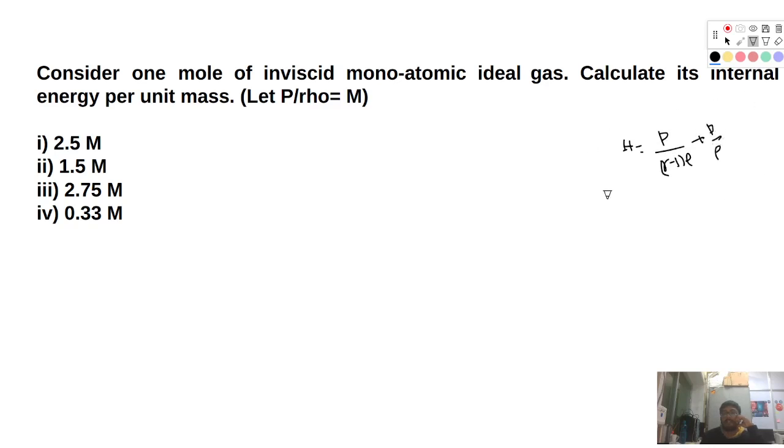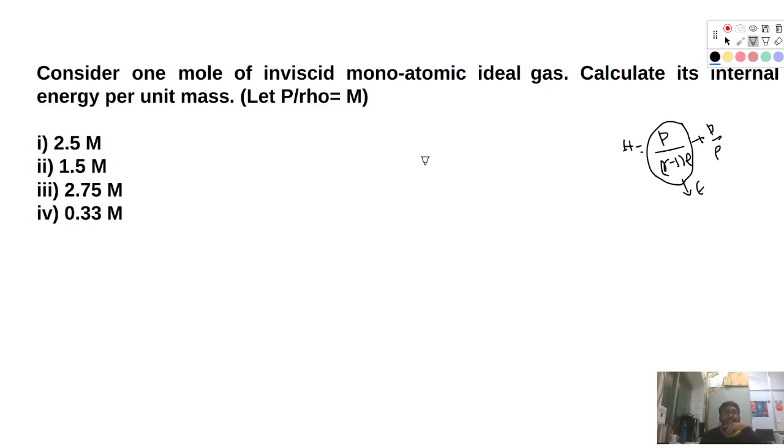This way the enthalpy has been written. Now basically this first term is your internal energy per mass, the specific internal energy. So you just have to calculate this term, not the total thing.